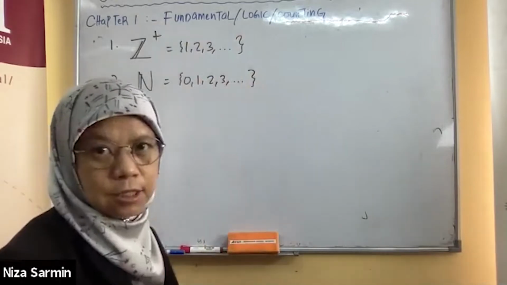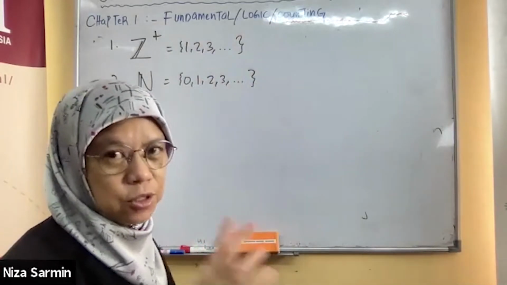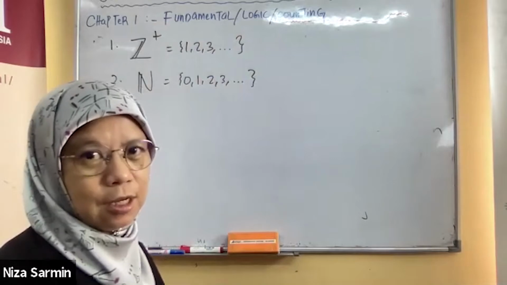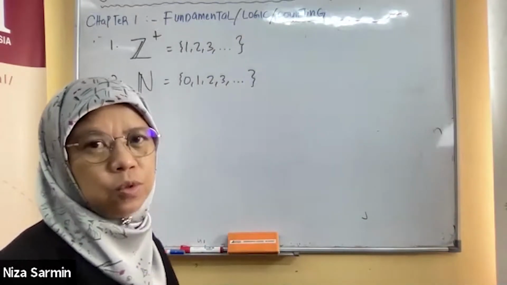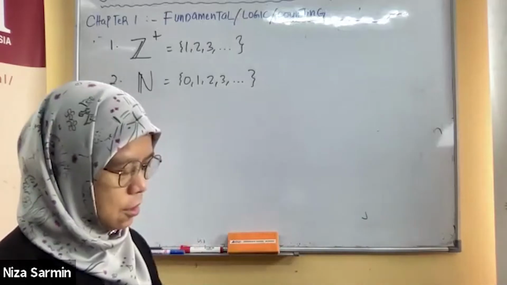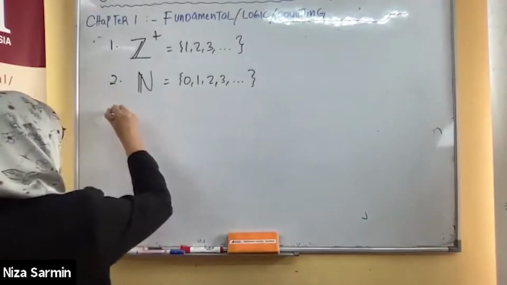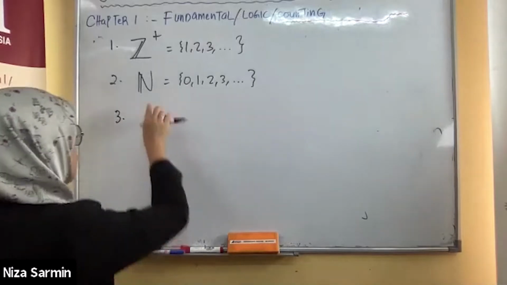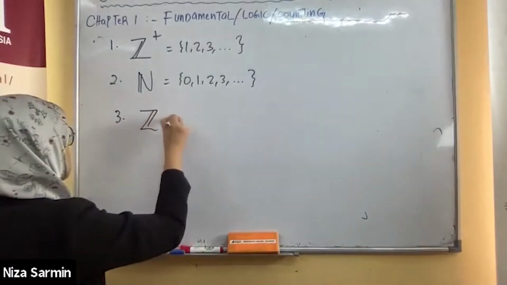Some authors start N with 1. It depends, right? Because in the notes, we make it consistent that N starts with 0. So if I give you N, I will make sure to put the 0 inside in the question, but we follow this. Okay. N is natural number, right? Natural number. Z is integer.